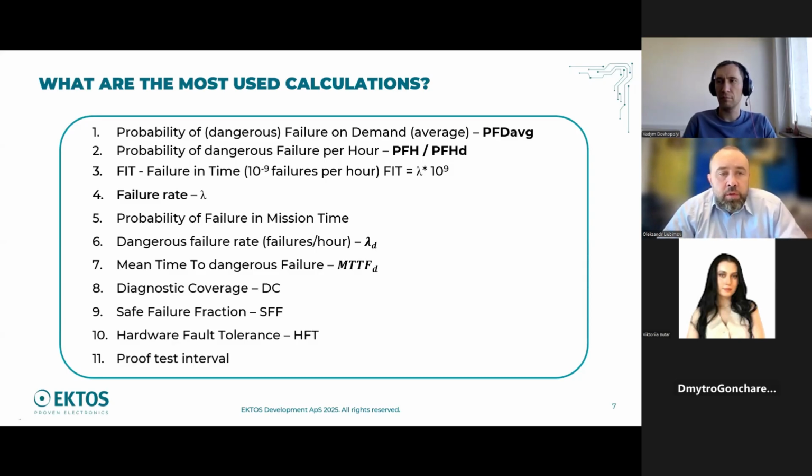Then we have the probability of failure in mission time, which gives the probability of failure during the entire time of our mission or operation.